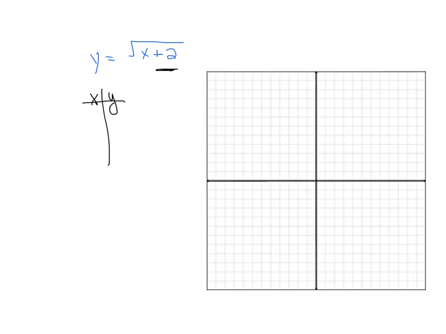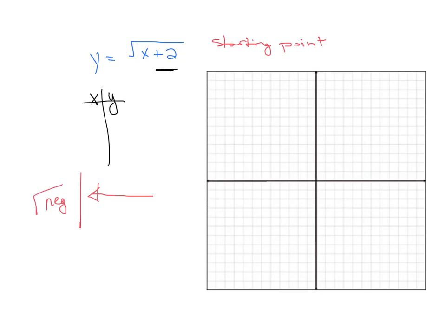I do need to find the most important point, and that most important point is that starting point, right? Where it can't go to the left anymore. So we have to think about it. Going to the left means that it stops someplace, because beyond that you're taking the square root of a negative number.